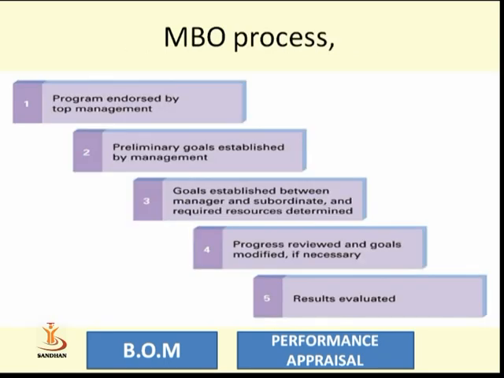When we think in detail about the MBO process, it starts with the program endorsed by top management, followed by preliminary goals established by management, followed by goals established between manager and subordinates and required resources determined, followed by progress review and goals modified if necessary, and the last step is to evaluate the results, whether the results are as per expectation or not.